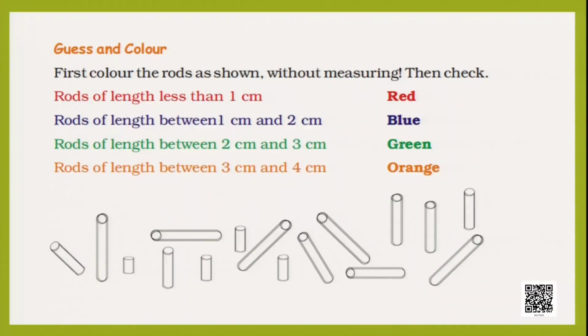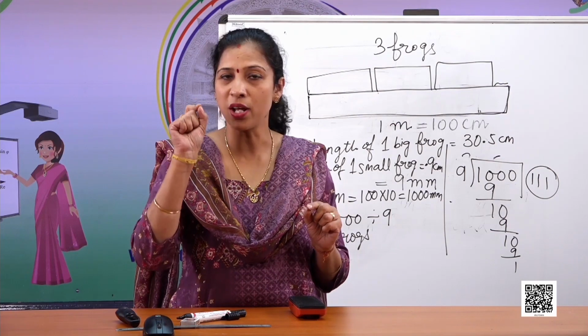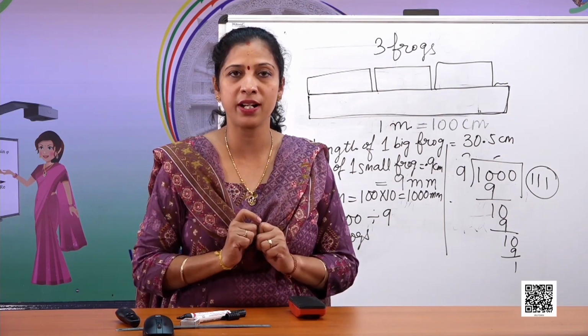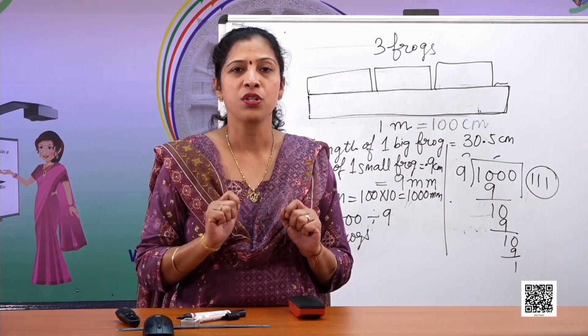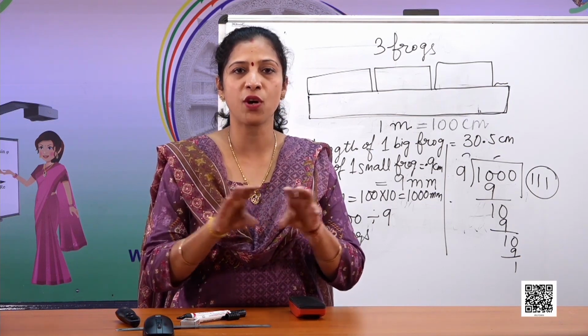Here you just have to guess. First color the rods, which are shown without measuring. Then you have to check whether your guess is correct or not. Just now you came to know that smaller lengths should be measured in millimeter and bigger lengths should be measured in centimeter. So here a lot of rods of different lengths are given.